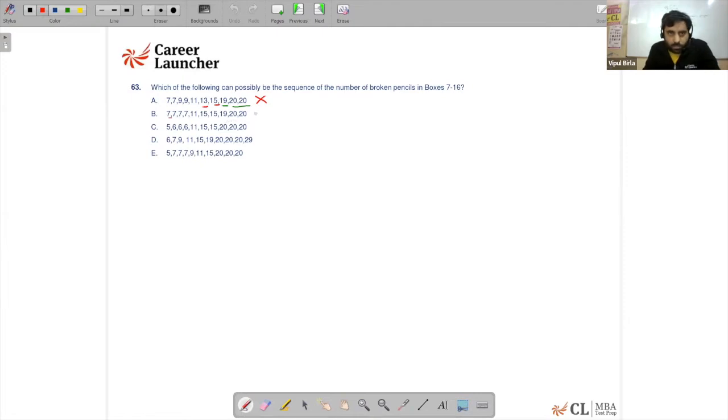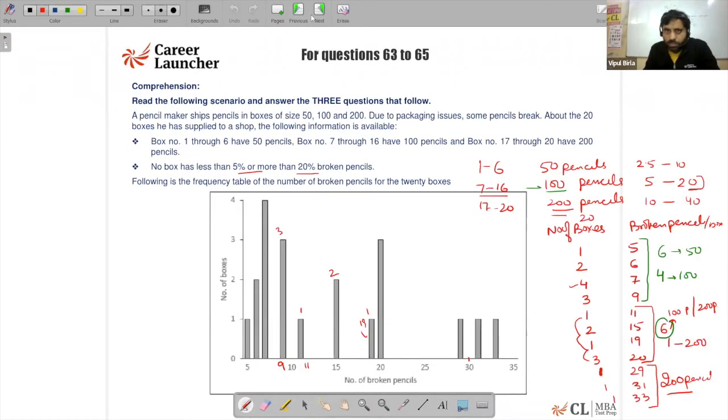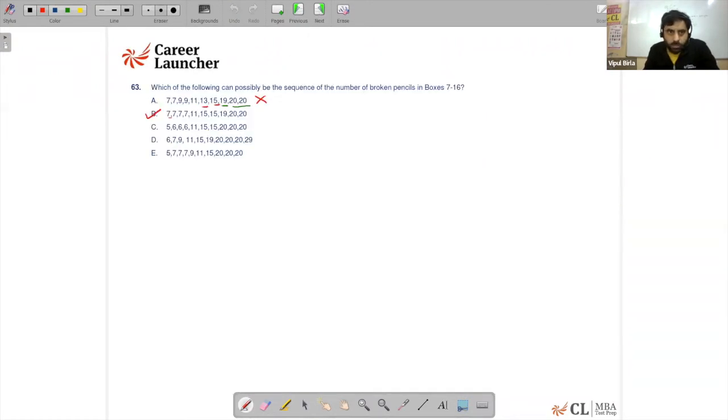So that is a possibility because this is satisfied. Let's try C: 5, 6, 6, but there are only 2 boxes with 6 pencils broken, therefore ruled out. Cannot be more than 20, ruled out. 11, 15. Basically we have to take 6 from that, and it has got only 5. So we can say option 2 is the answer.